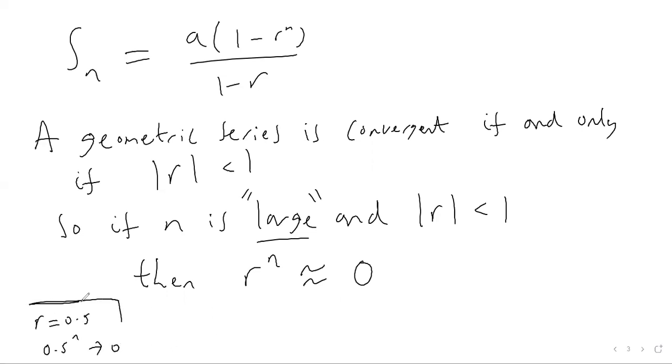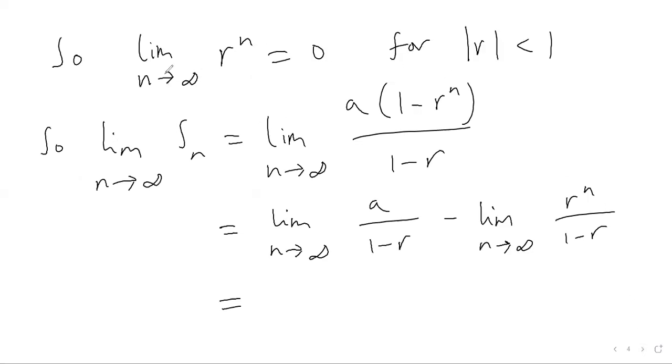So if you pick a value of r between -1 and 1 and raise it to the power of a massive number n, it's going to be about 0. That means the limit as n tends to infinity of r to the power of n is equal to 0. With a common ratio of size less than 1, that number to the power of a massive number tends closer to 0, so the limit is 0.